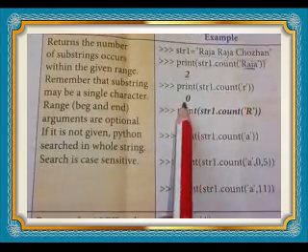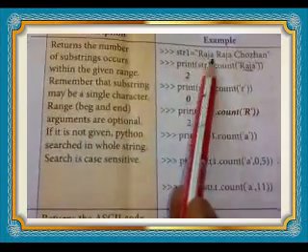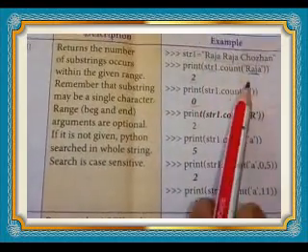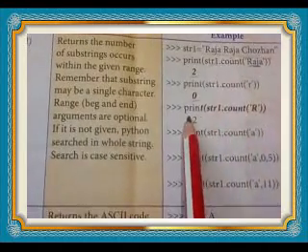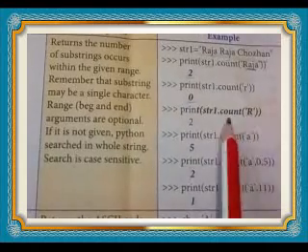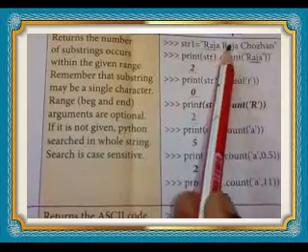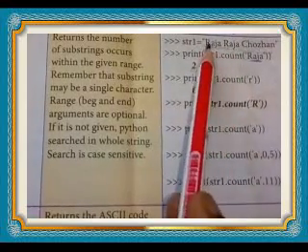Here it returns 0. Why is it 0? Because the small letter r is not in this str1. Understand? Next str1.count("R"). It returns 2, because capital letter R appears twice.